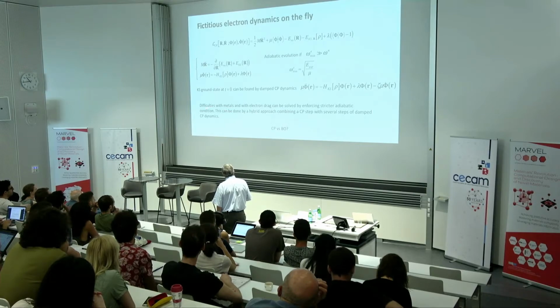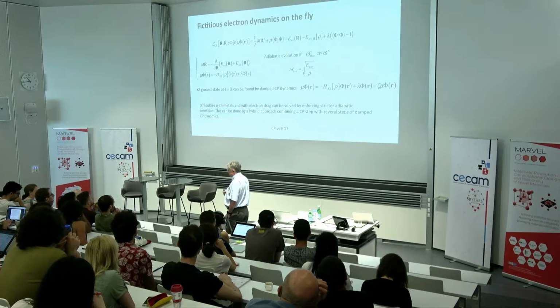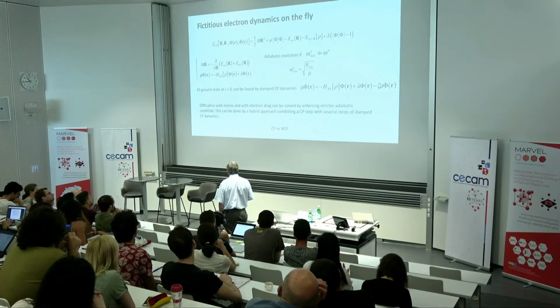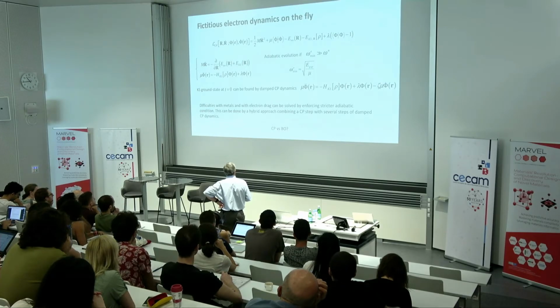So there are difficulties with metals, and if mu is not sufficiently small, there is an electron drag on the dynamics of the nuclei that slightly perturbs the correct Born-Oppenheimer dynamics of the nuclei.